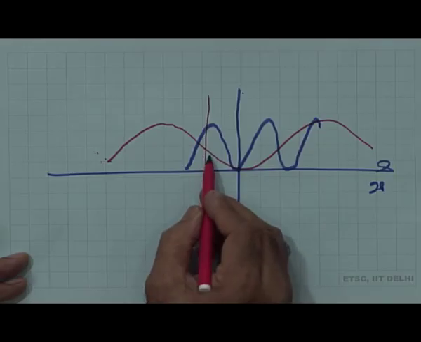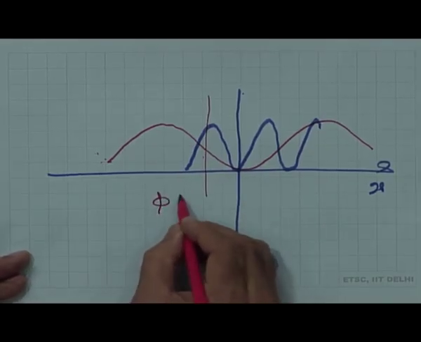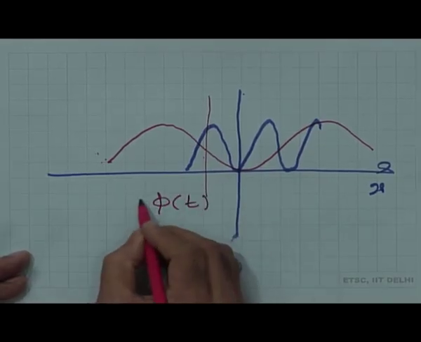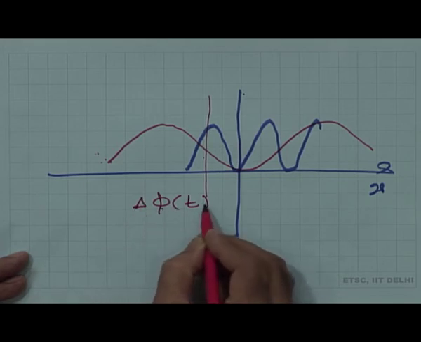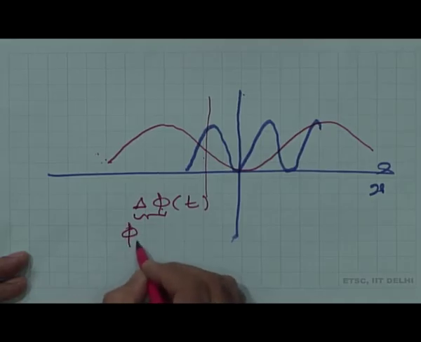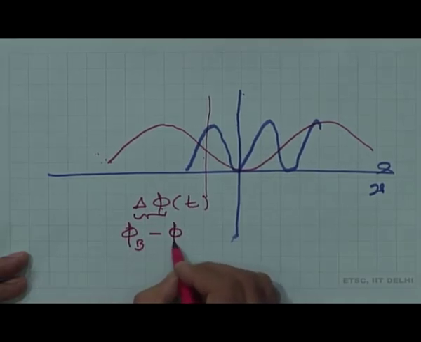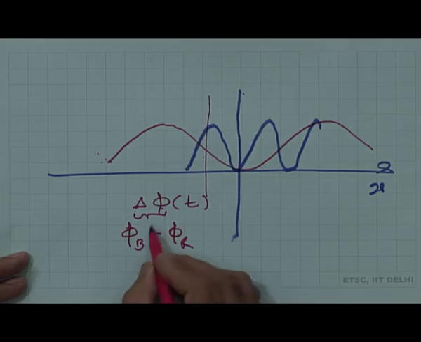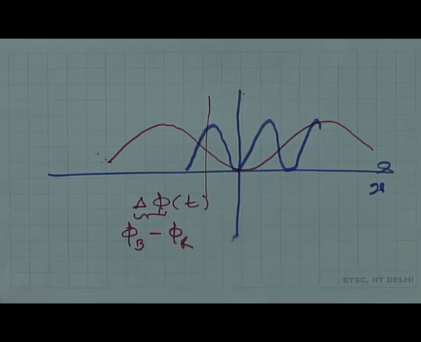So, the phase phi will be continuously changing. If I say that delta phi is the phase difference, phi blue minus phi red, then it is changing with time. We can see from the expression here.